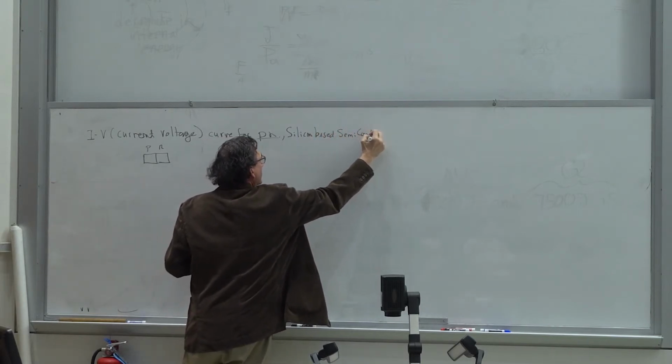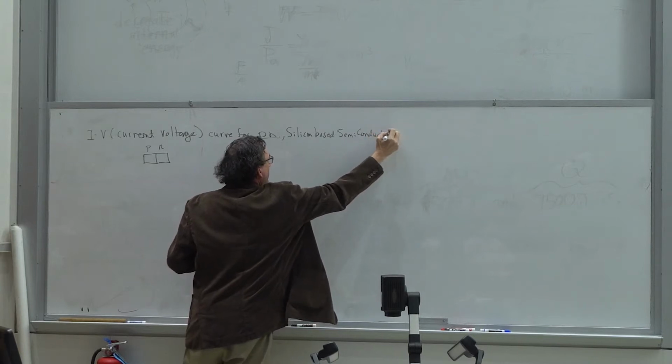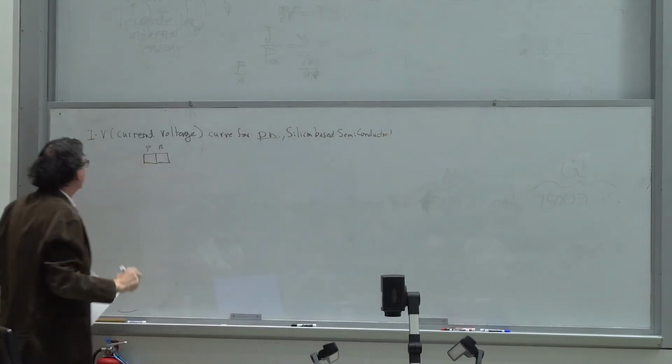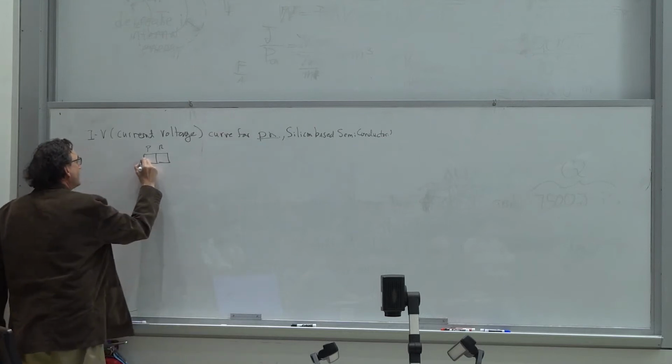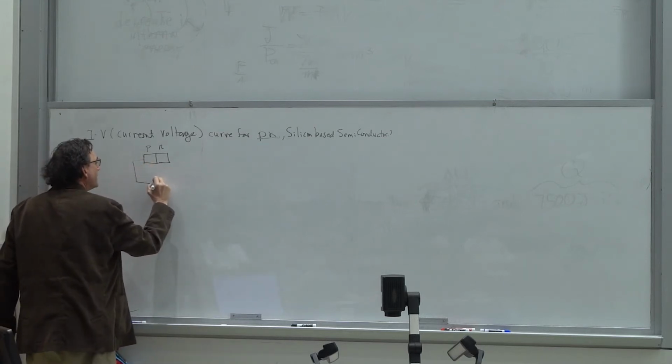And we were looking at the characteristics of what happens when you apply a bias voltage across here.